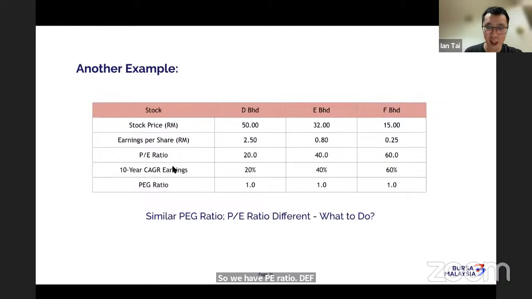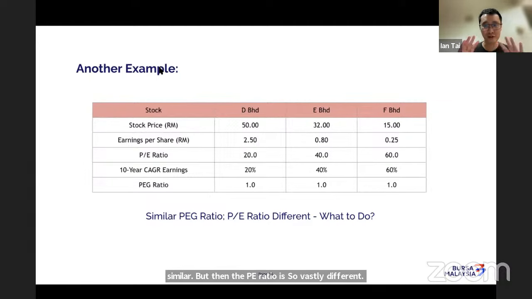And if you look at the 10-year CAGR, D Berhad is growing at 20%, E Berhad at 40%, and F Berhad at 60%. Wow. So the PEG ratio for all these 3 stocks is similar, at 1. We have a situation where the PEG ratio is similar, but the PE ratio is so vastly different, 20, 40, 60. Guys, I just want to hear from you. Which of these 3 stocks would you prefer to invest in? Put in the chat box.